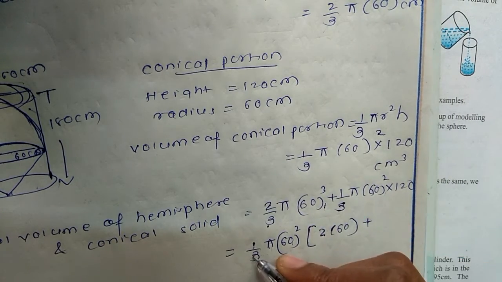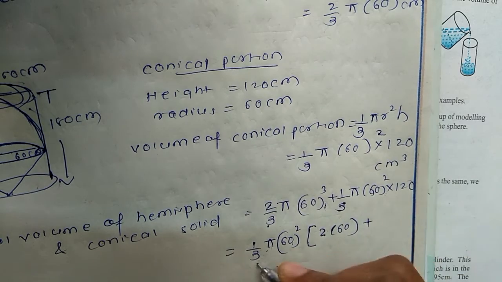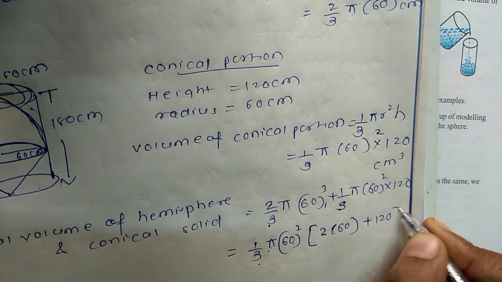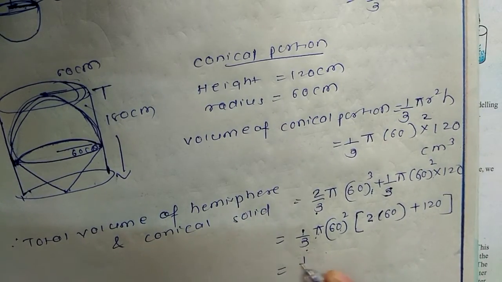plus 1/3 here, pi we got here, 60 square here, so what will remain? 120. So 1/3.